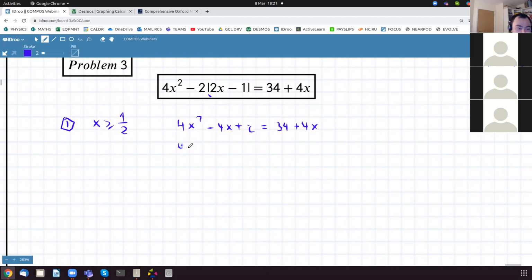So 4x squared minus 8x minus 32 equals 0. So obviously this can be divided by 4: x squared minus 2x minus 8, since 32 divided by 4 is 8 last time I checked, equals 0.